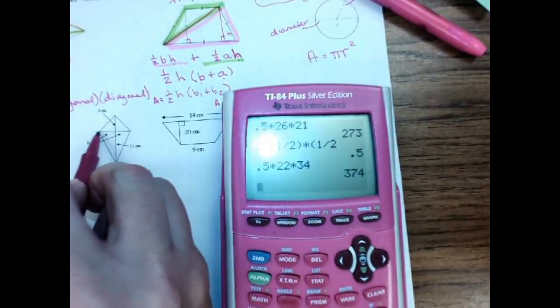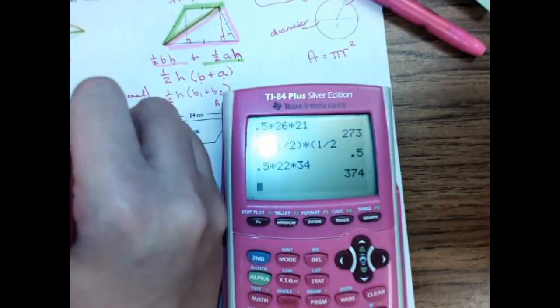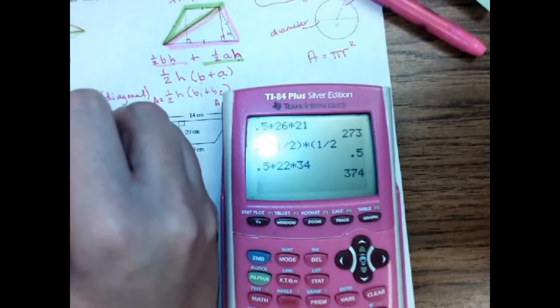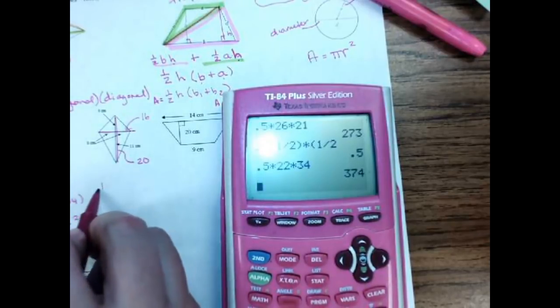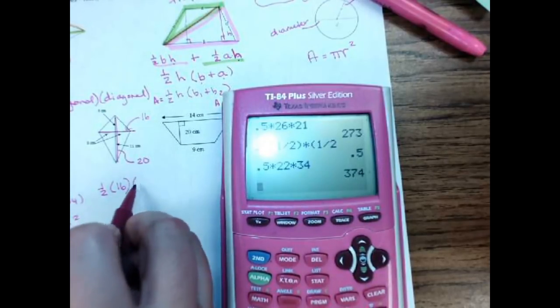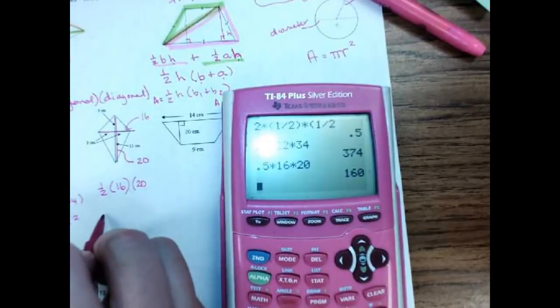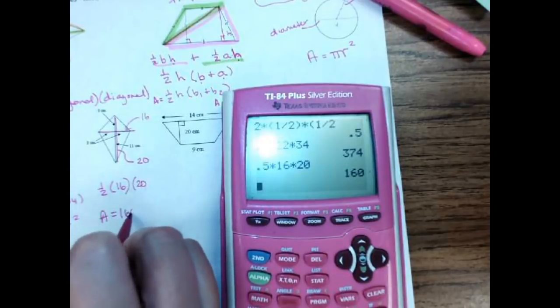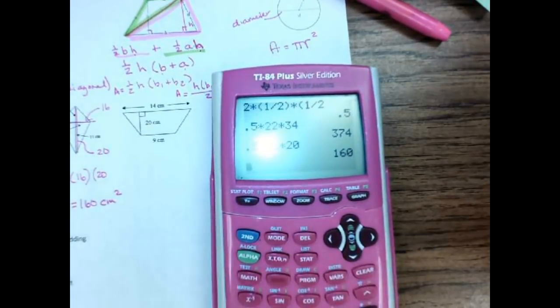This part, they said each one of these is 8, so this whole thing is 16. And they gave me both parts of this one, 9 and 11, so this whole part is 20. So it's going to be 1/2 16 times 20. Centimeters squared.